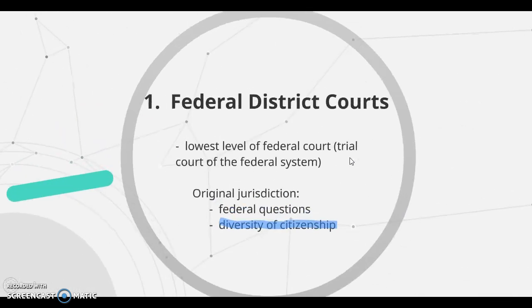First are called federal district courts. This is the lowest level of the federal court system. Basically, it's the trial court of the federal system. So they hear cases that are brought at the federal level, for the first time. Any federal questions, and then they also deal with what's called diversity of citizenship issues.